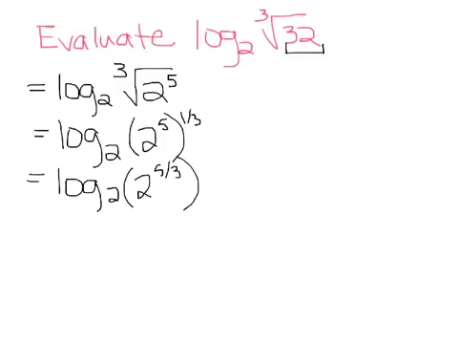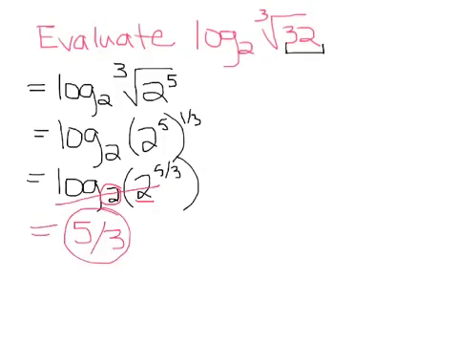And there's this property we learned about in Lesson 3-2 where if the base of our logarithm and the base of our exponential term or input for our logarithm are equal, they cancel out and I'm left with just the exponent, which was 5/3.